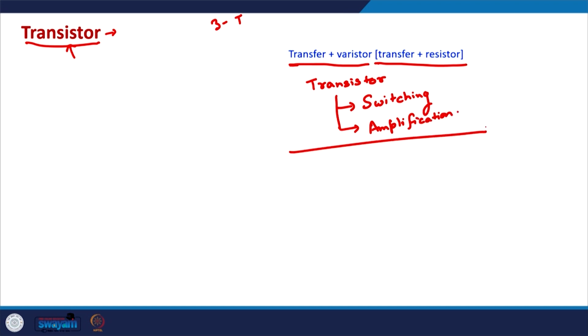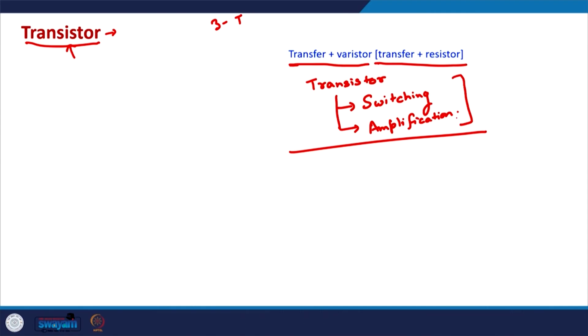The transistor is a 3-terminal device that can achieve switching and amplification, and these two operations are extremely crucial for all electronic devices, for example cell phones and computers. Just by various combinations of these operations we can achieve a lot of computational tasks.